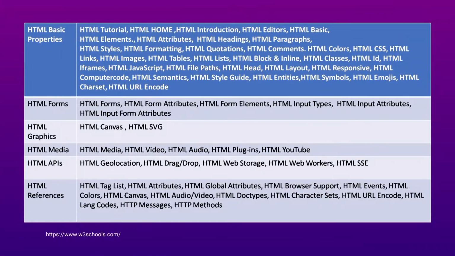If you go through that HTML page, they have split it into around 6 categories: HTML basic properties, then HTML forms, then graphics, then HTML media, then HTML APIs, and the relevant references used for HTML web page designing.